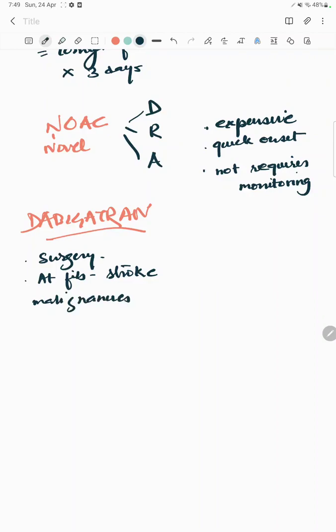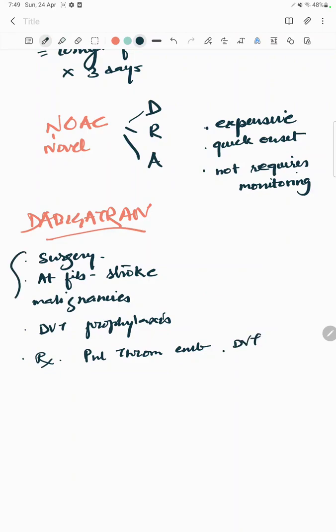All these require the patient to be put on blood thinners, or any DVT prophylaxis is required in any patient. They can also be used as a treatment for pulmonary thromboembolism and treatment of DVT also. So these are the indications of Dabigatran.